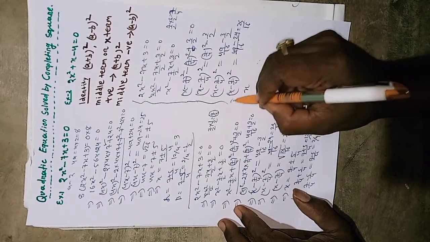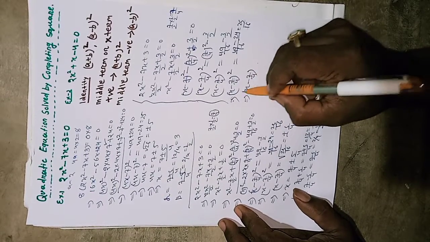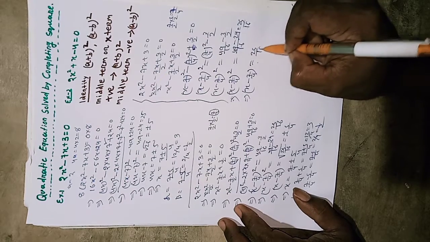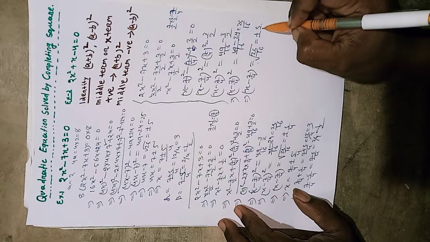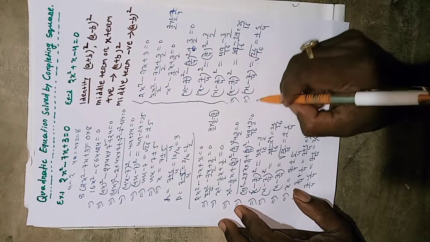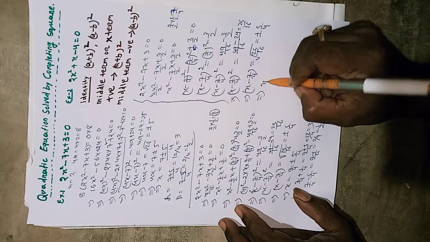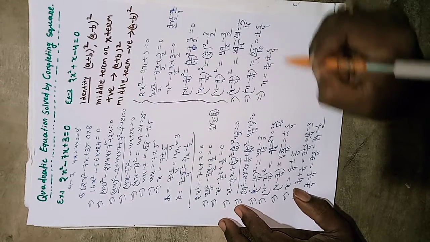Implies that x minus 7 by 4 equals root over 25 by 16, which is equal to plus or minus 5 by 4. Implies that x is equal to 7 by 4 plus or minus 5 by 4.